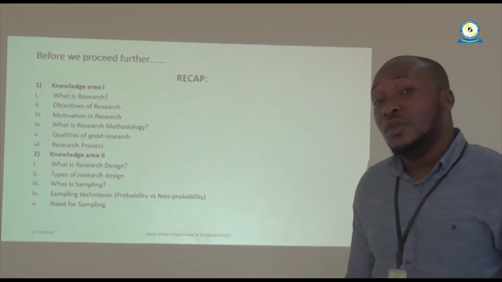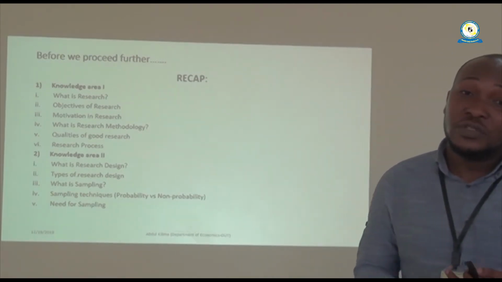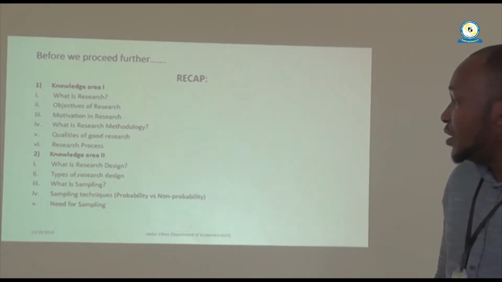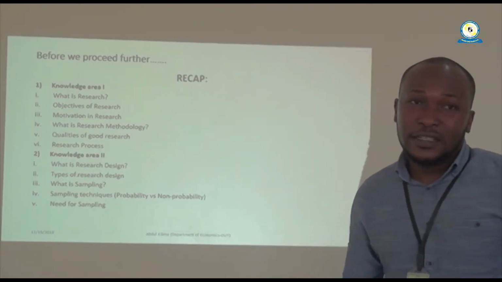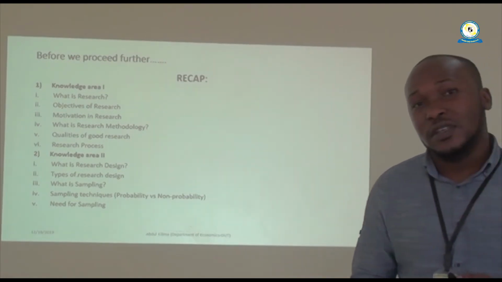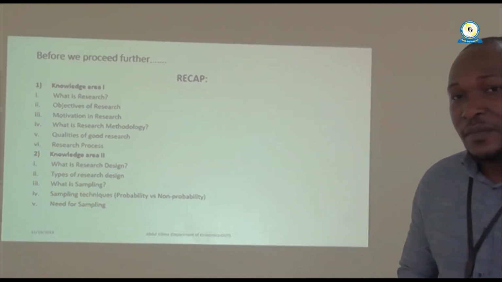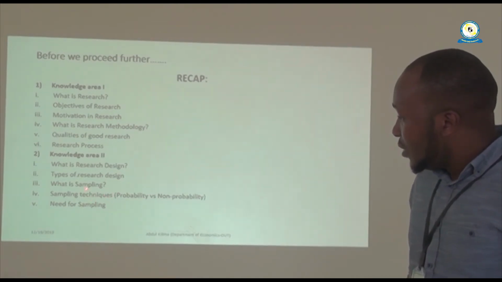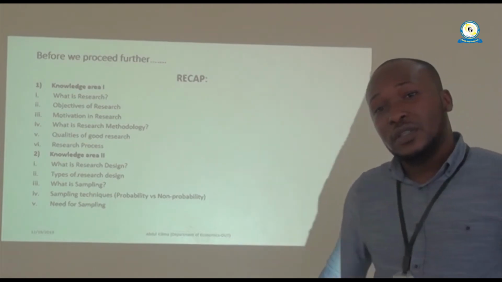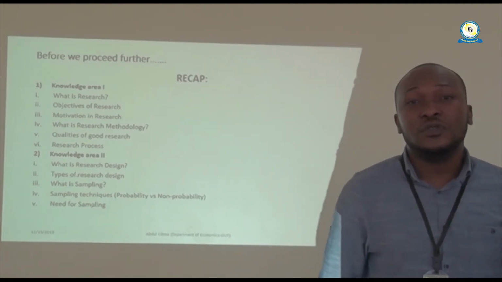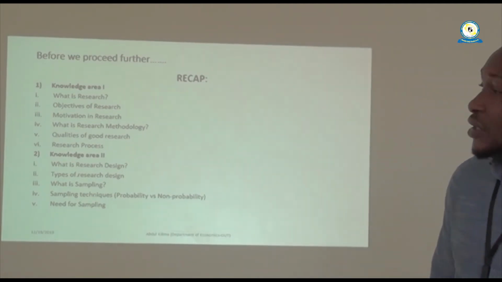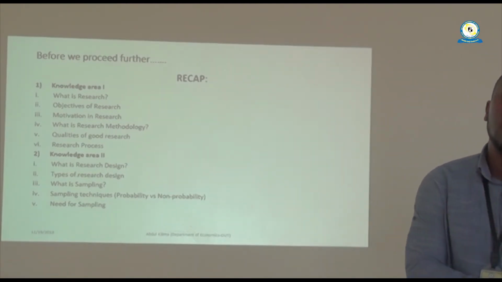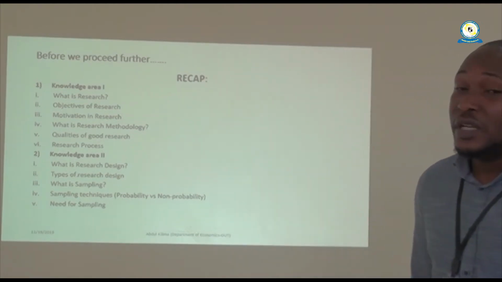For example, you want to collect data about primary school kids in Tanzania. Tanzania has about 25 regions, or 26 nowadays. It is not easy to conduct research in such a situation, so you have to select some regions to be a representation of the whole country. That is cluster random sampling.